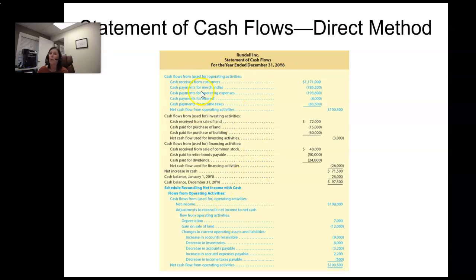So while GAAP wants you to use the direct method, they also want the indirect methodology reflected on your statement of cash flows to show how your net income was reconciled to get to your net cash flow from operating. And in fact, they are the same.